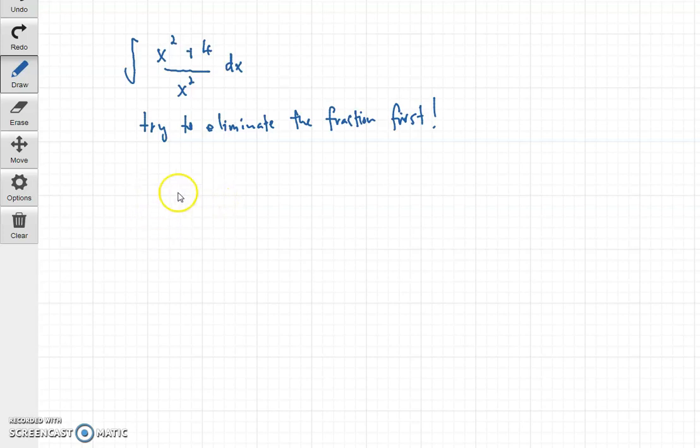If you see here, you are dealing with x squared plus 4 over x to the power of 2. So you can split it into two fractions: x squared over x squared, and 4 over x power of 2.